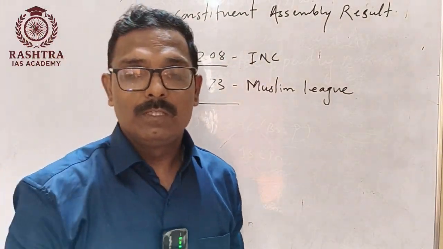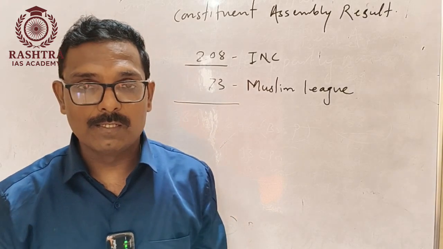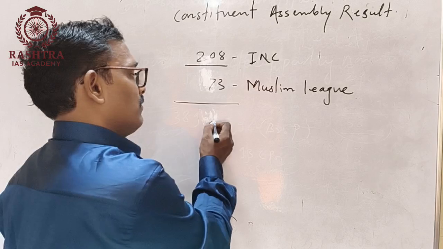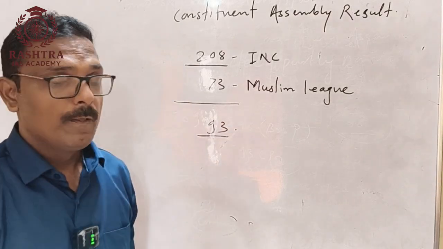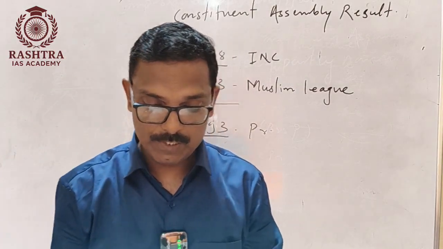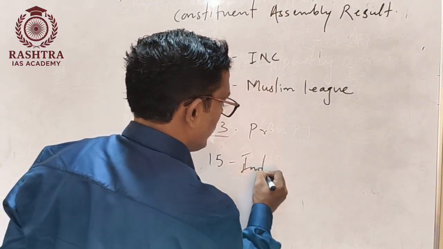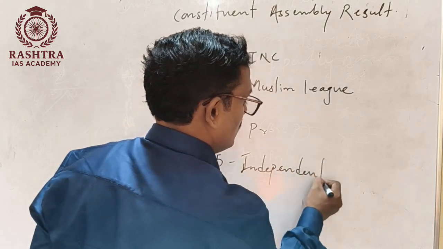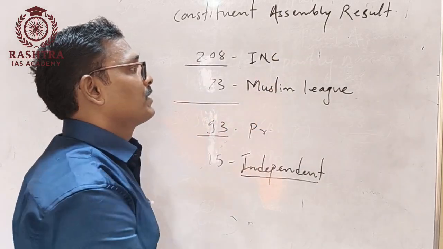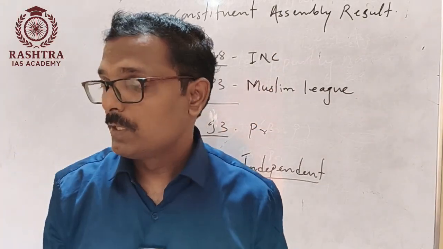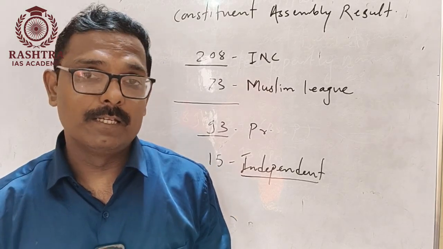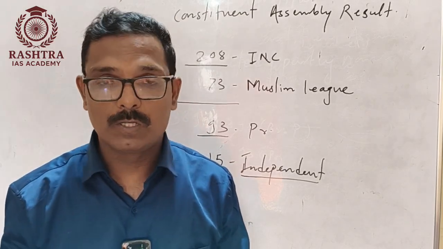Overall, this kind of representation was seen in the Constituent Assembly after the result. 93 members were to be from the princely states, and 15 seats were won by independents or non-partisans. So a large bulk of the seats was won by the Congress, and it was decided that most of the members would be from the Congress.